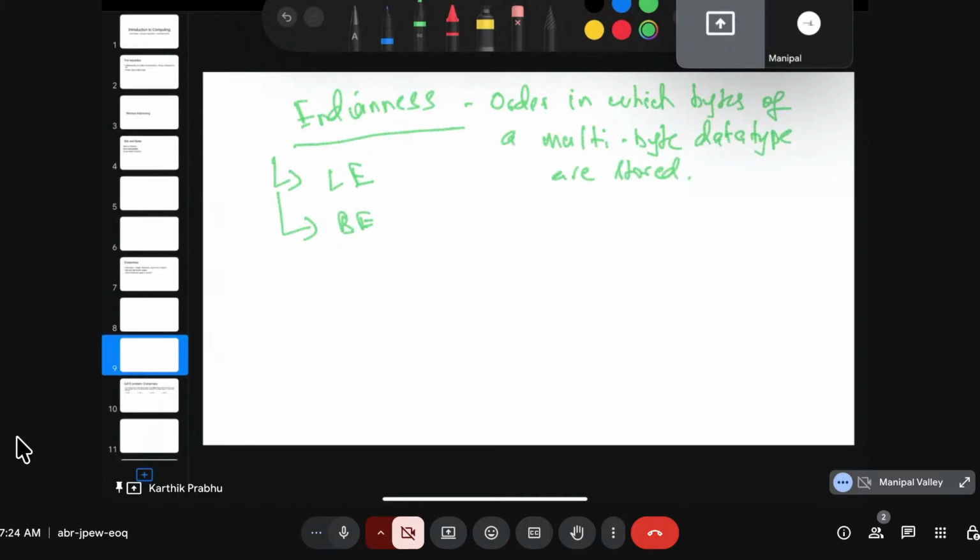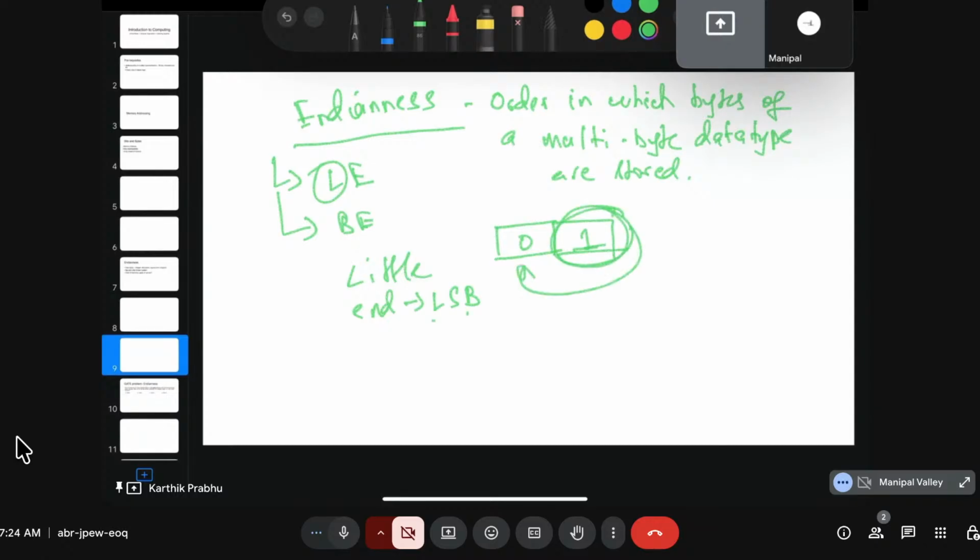So let's say we have an integer with 2 bytes, just to make things simple. Say this is byte 0 and byte 1. In the little endian system, the LSB, the least significant byte, which is this byte, is stored at the front.